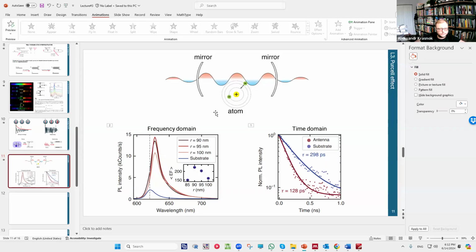So it's a very general effect, this Purcell effect. You can encounter it in quantum optics, photonics, in electromagnetism, in acoustics, in water waves, and so on and so forth. And understanding of these concepts is kind of key for all this.